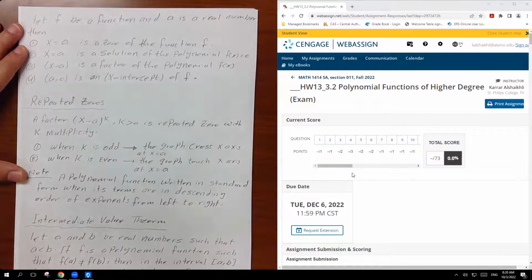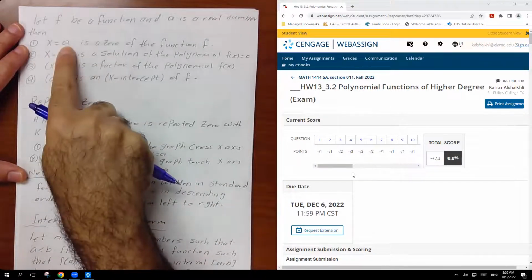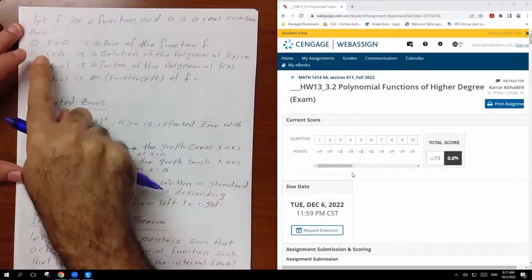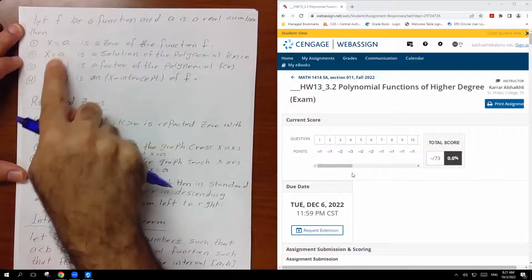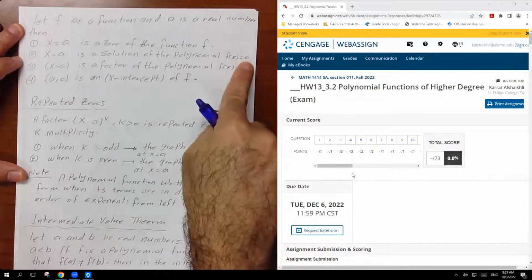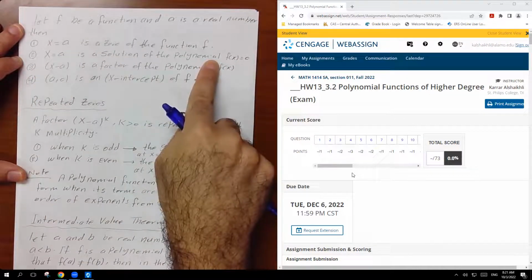So again, when you hear a 0, it's the same thing, it's a solution. X equals a is a 0 of the function f, which is the same thing as a solution of the polynomial f of x equals 0.